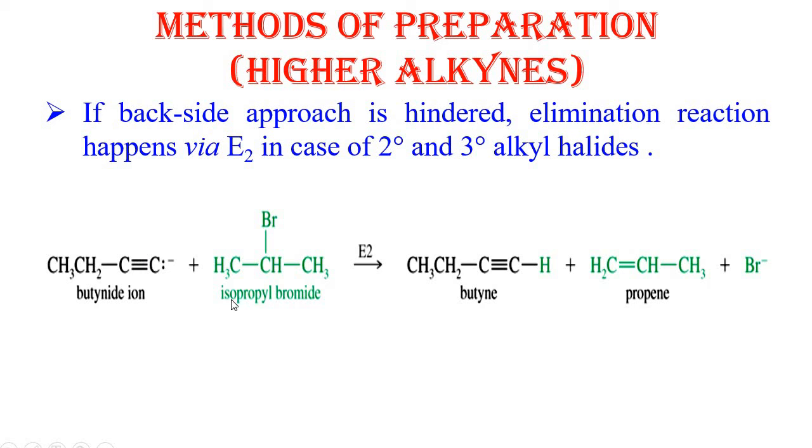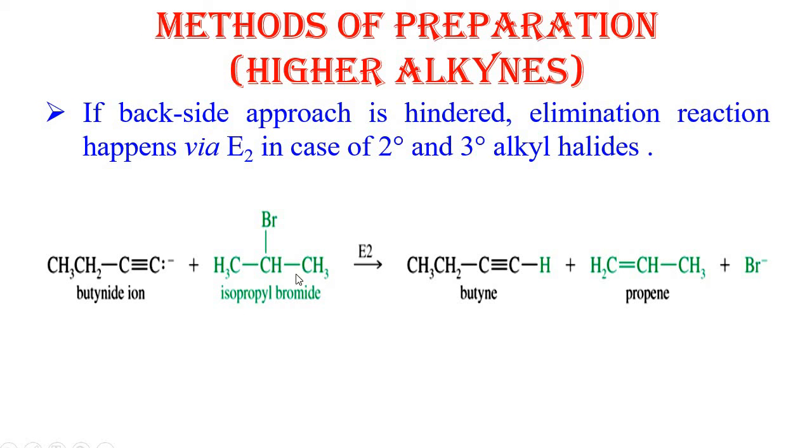Here, in this case, backside approach is not possible or is hindered. So, this reaction does not take place by SN2 mechanism. This is a secondary bromide. The reaction of acetylide ion easily takes place with primary halides. However, if a secondary halide is present, backside attack is difficult.